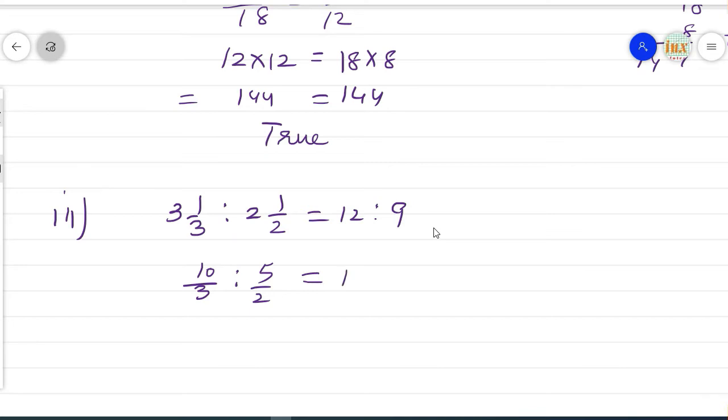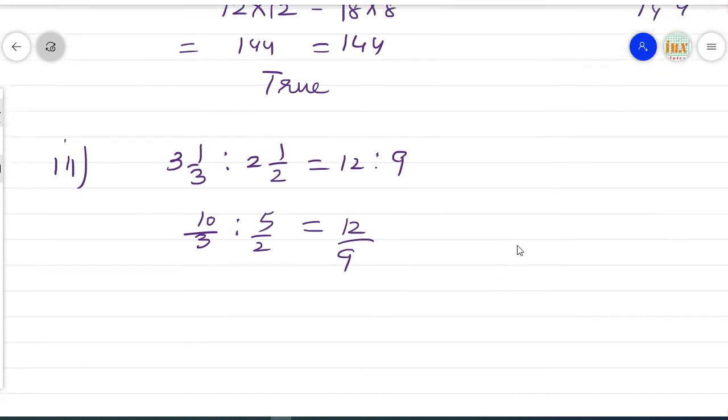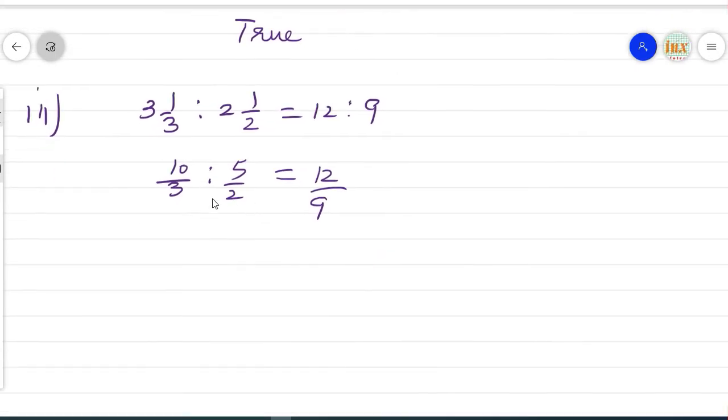We have to check whether it is equal to 12 upon 9. So we have 10 upon 3 ratio 5 upon 2. What do we do here? We have to check these.